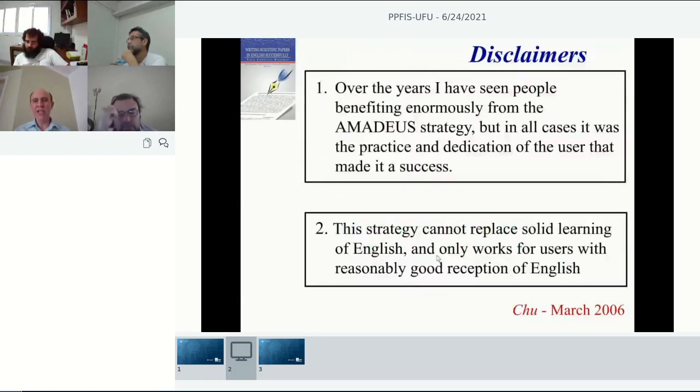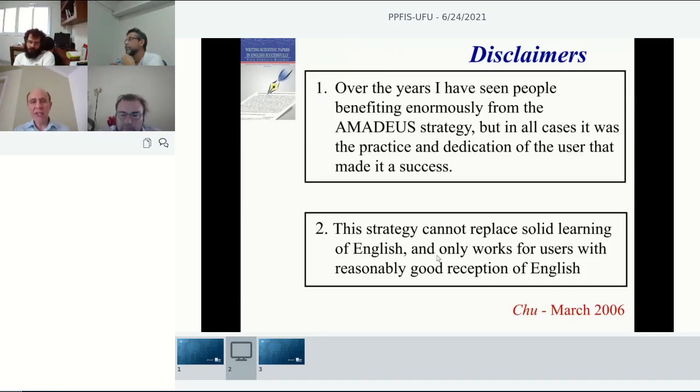But in all cases, it's not because the strategy is efficient, but because the students or the researchers put in an effort. They practice it, or otherwise they would not have learned. The other thing is that this strategy is not for someone to learn English, for the mere reason that it only works, only is efficient, if the person who is practicing it can read properly, can read and understand when something is well written or not.